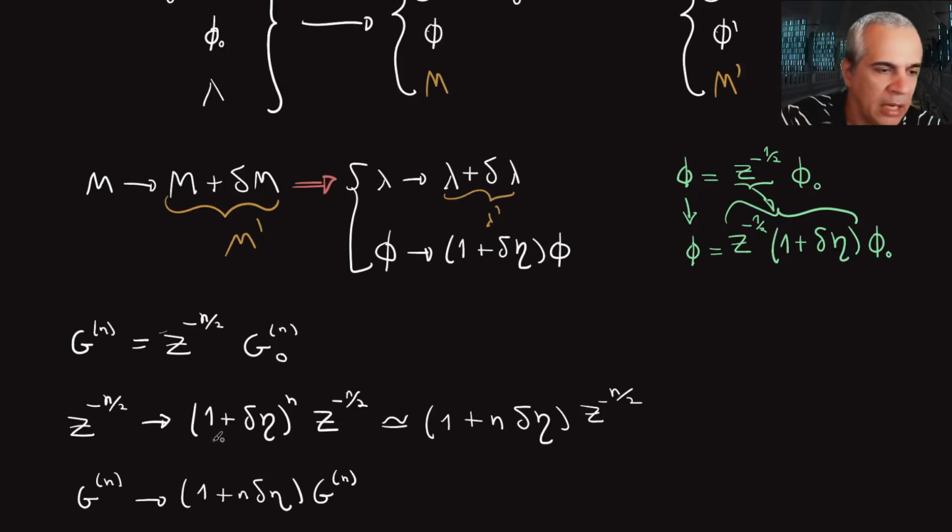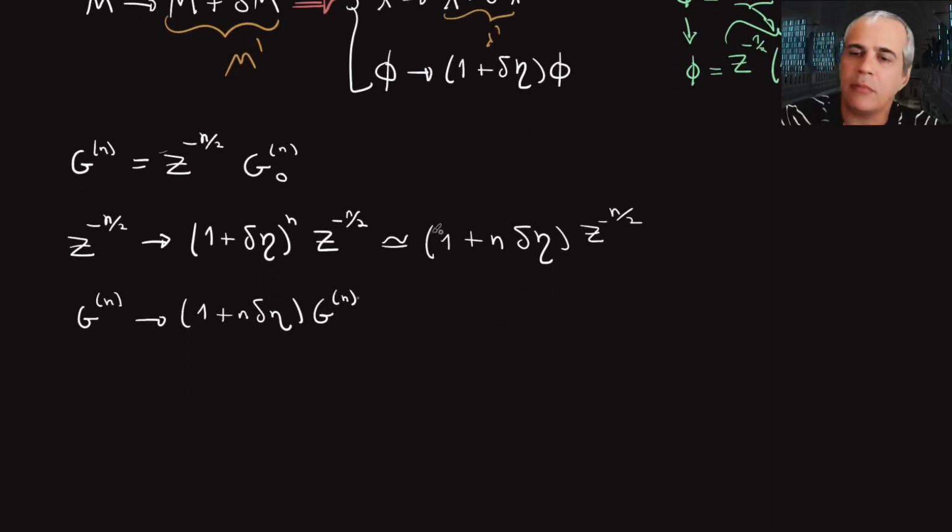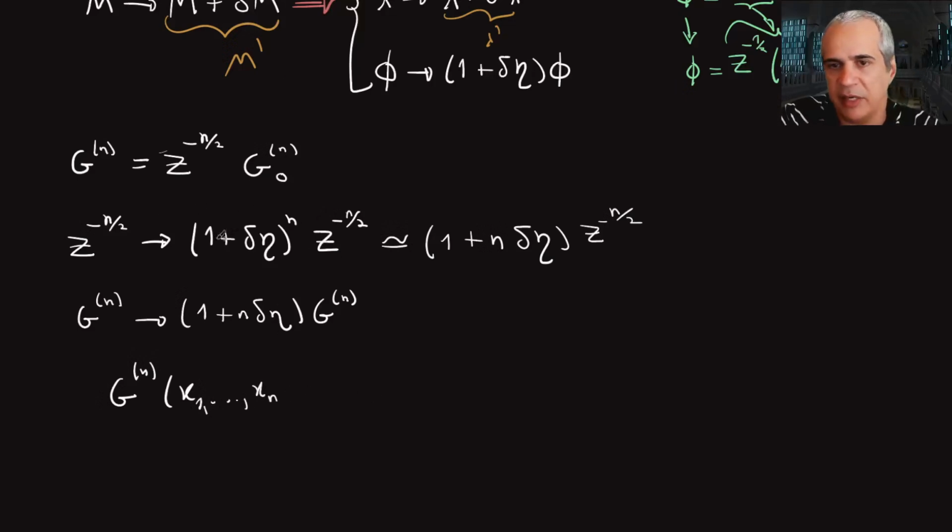Now, if I think of G as a function, the renormalized G is of course a function of these positions, x1 all the way to xn. But really, in terms of these variations, it is also a function of M and a function of lambda.